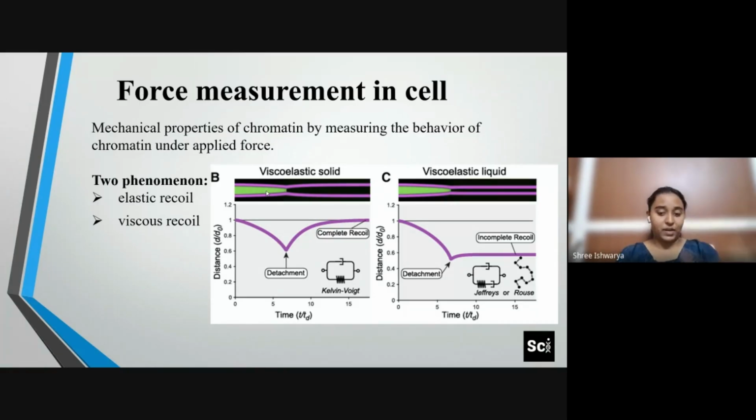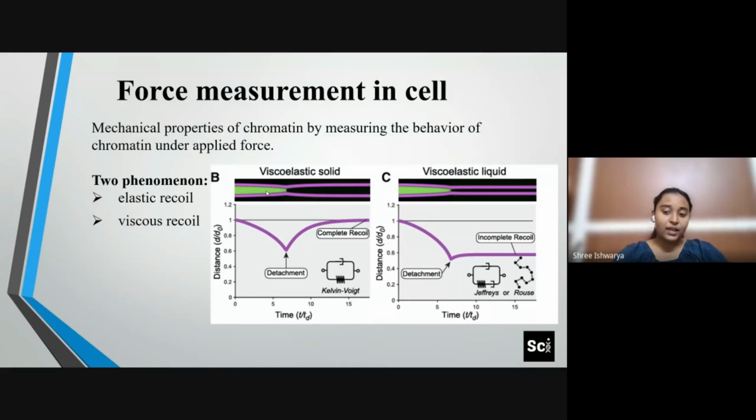Whenever the chromatin is completely going back to its original position, it is called elastic recoil. For example, you can remember this as a rubber band. Whenever you stretch and leave it, it goes back to its original position. It is not staying in the stretched position itself, right? So this phenomenon is called elastic recoil.